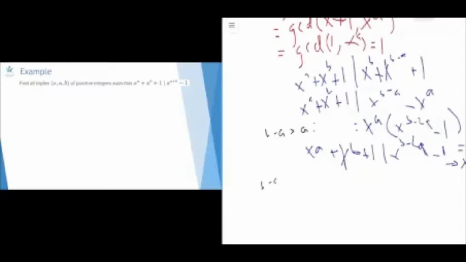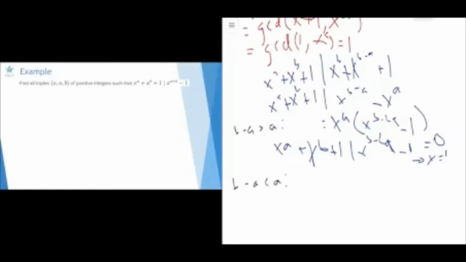So, okay. So, x to the a plus x to the b plus 1 divides x to the b minus a times 1 minus x to the 2a minus b.